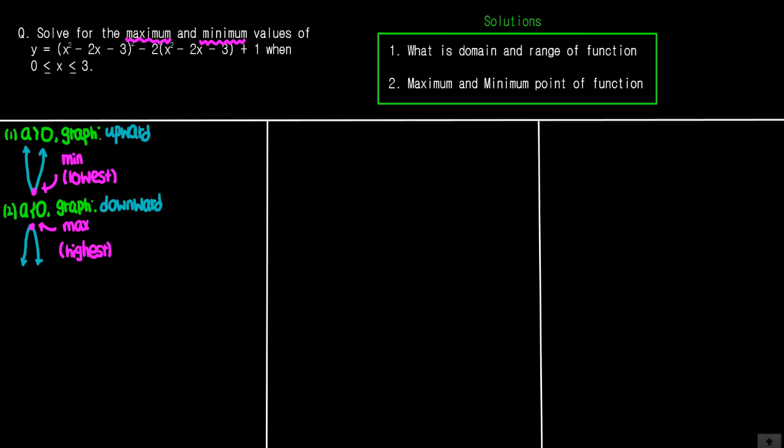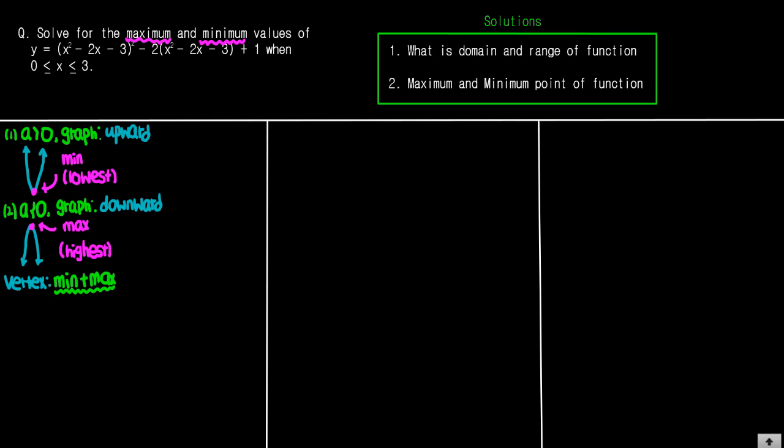And if you think about the minimum and the maximum point, for the vertex of a quadratic function, it is the same concept: the vertex is the minimum or the maximum point of the graph.